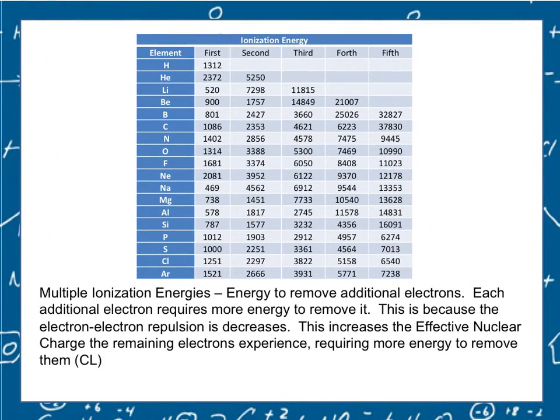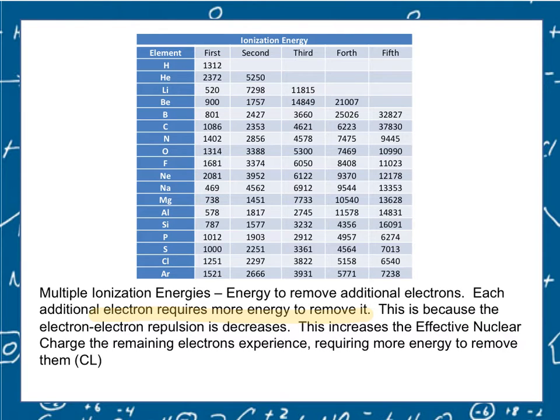With ionization energy, we can also measure multiple ionization energies, and these are the energies to remove additional electrons. What you can see in every case is that each electron, here's removing the first, here's removing the second, third, the fourth, the fifth, removing each additional electron always requires more energy than the previous electron to remove.